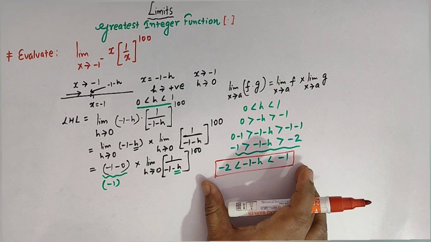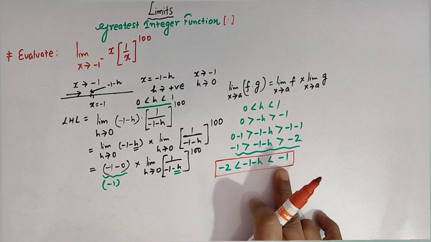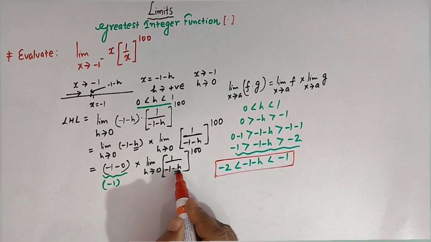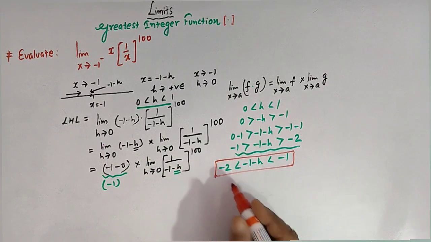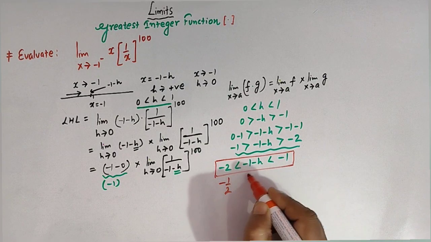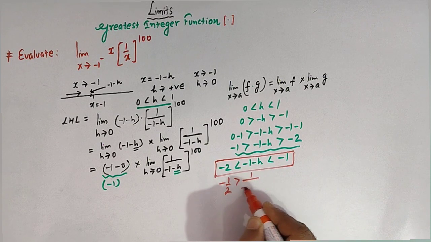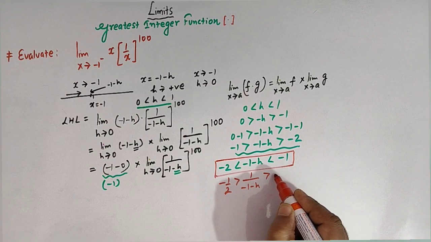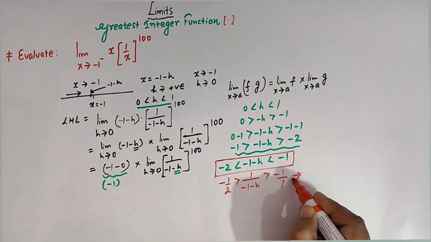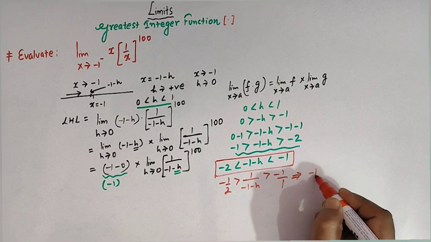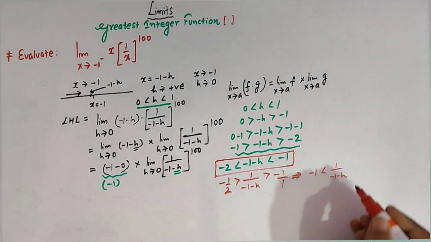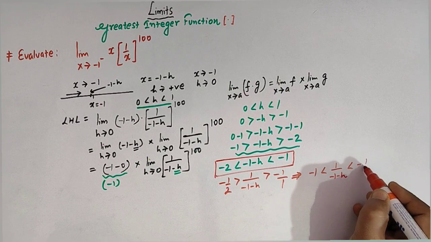Now we take the reciprocal throughout, because we wish to find 1 over minus 1 minus h. If we take the reciprocal, we get minus 1 over 2, and again the direction of the inequality gets reversed. Rewriting, minus 1 is less than 1 over minus 1 minus h, which is less than minus half.